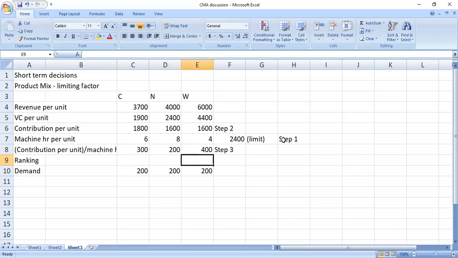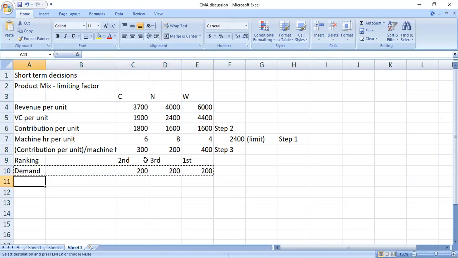So we have this as first, this one second, and this third. These are just rankings.